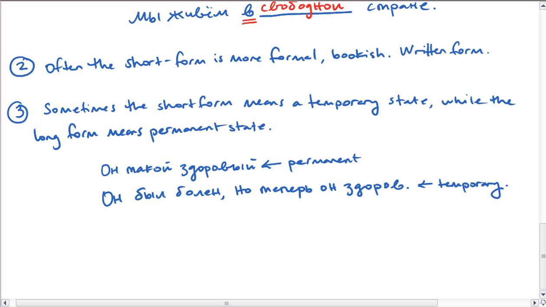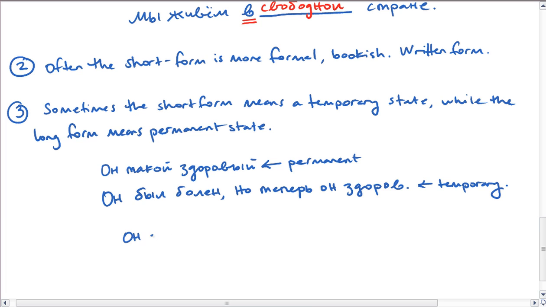And one of the short form adjectives from your book that you're pretty familiar with is занятый, or занят, right? Sorry, so the long form is занятый. And this is another one that changes the idea of whether it's a permanent or temporary state.